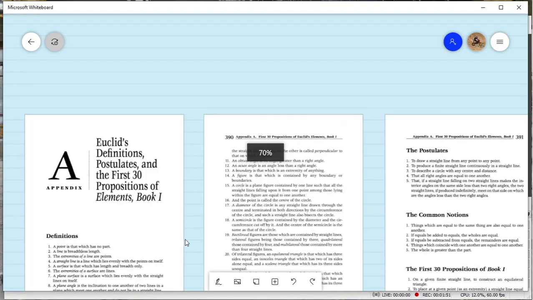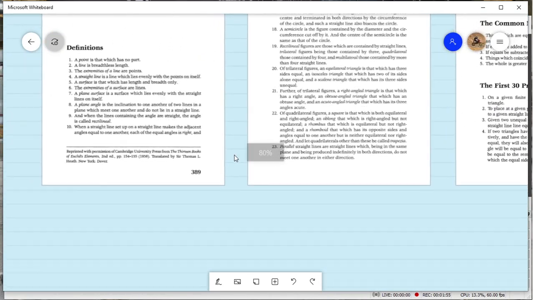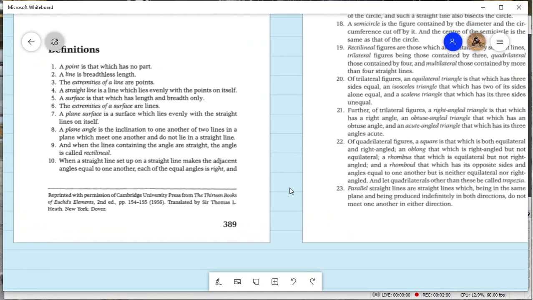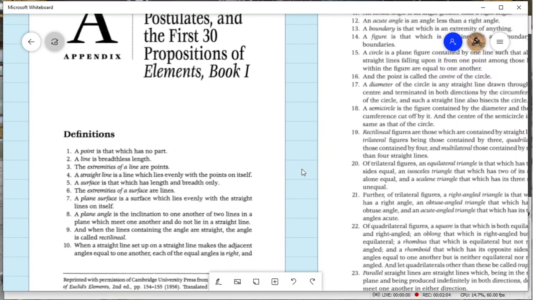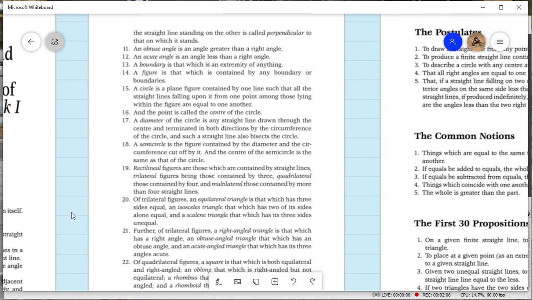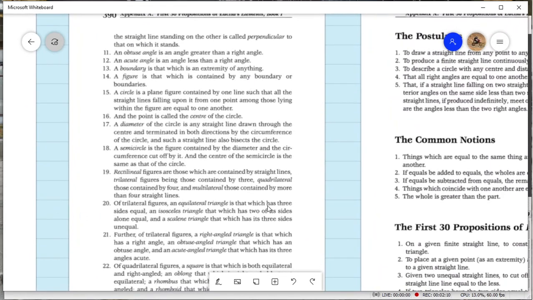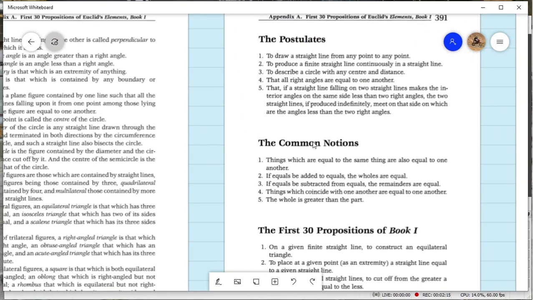As you can see, on page 389 of our textbook you can find Appendix A, where there are actually 23 definitions. Then the postulates and common notions, these are the axioms or the basic assumptions as the foundation of geometry.